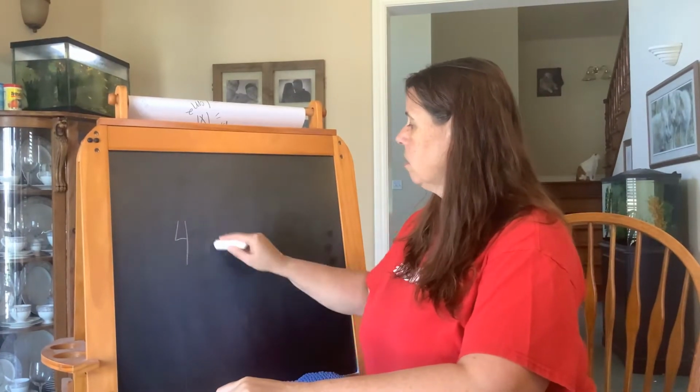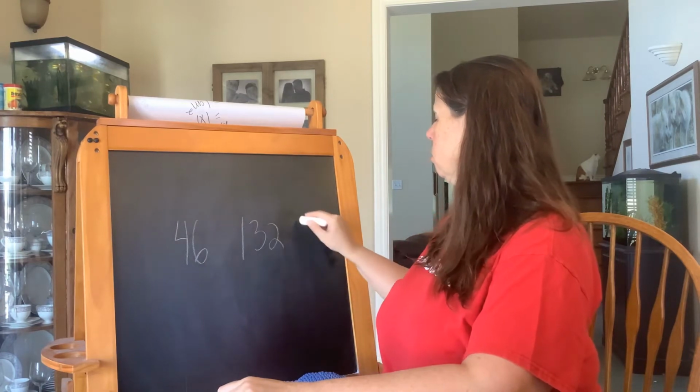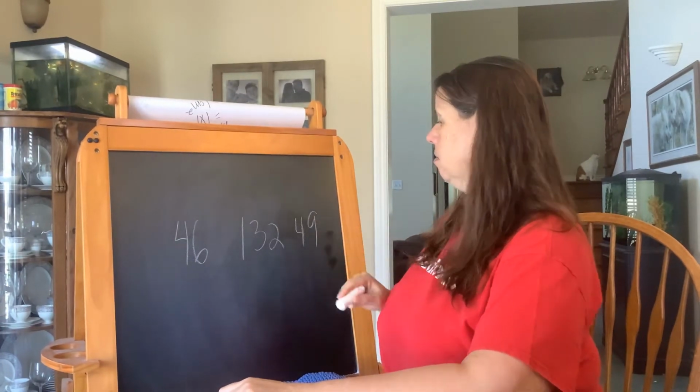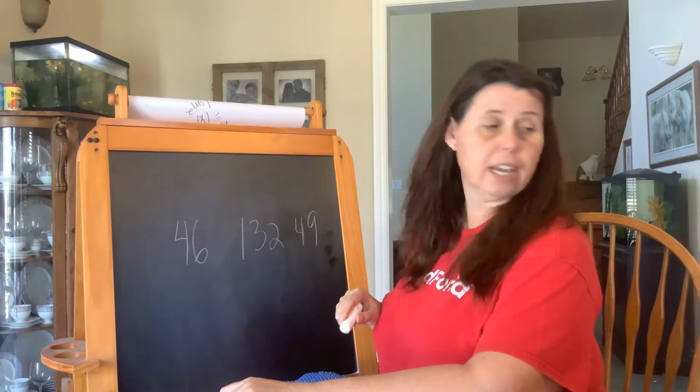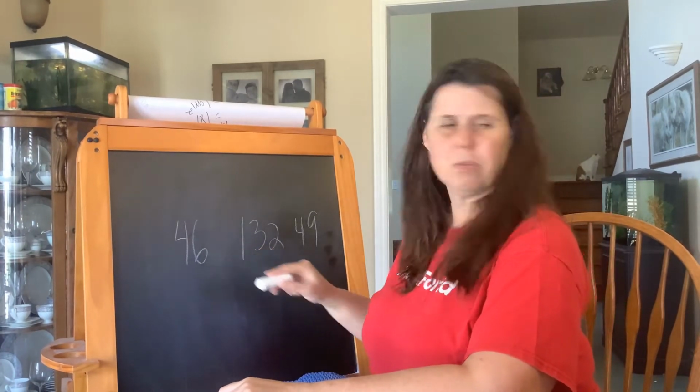Okay, number 3, underline the numbers in each group that have the same stem. So we've got like 46, 132, 49, right? Circle the ones that have the same stem. So what did we have to do?